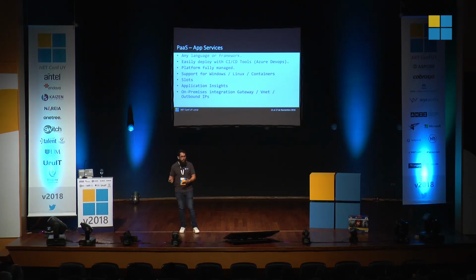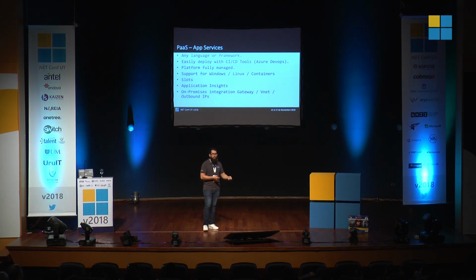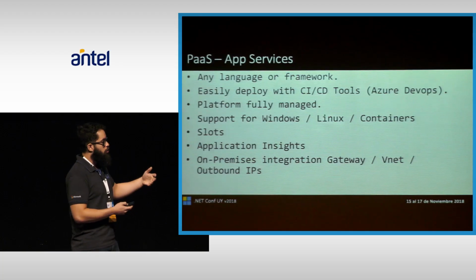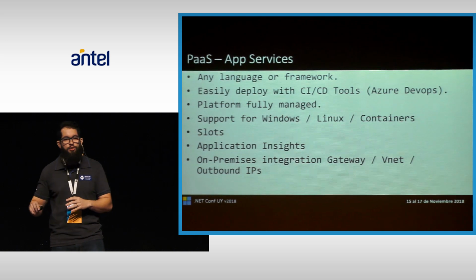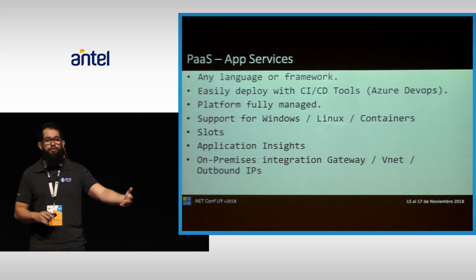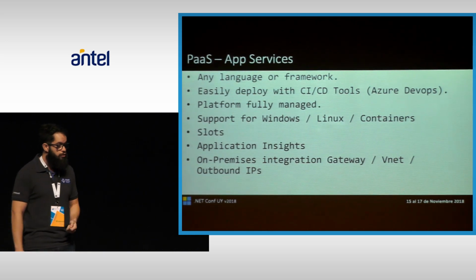So you can have 2, 3, up to 5 copies of your app running on the same server, and that's the best way to deploy new code and do some smoke tests before deploying to production. You can use something like Traffic Manager, which I'm going to talk about tomorrow, to split the traffic between the versions and see if everything is okay before you move everything to production. It's a very, very cool feature.